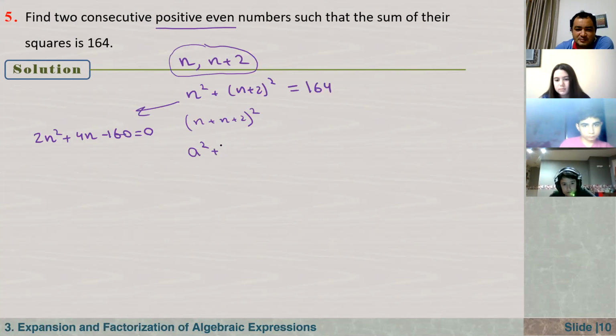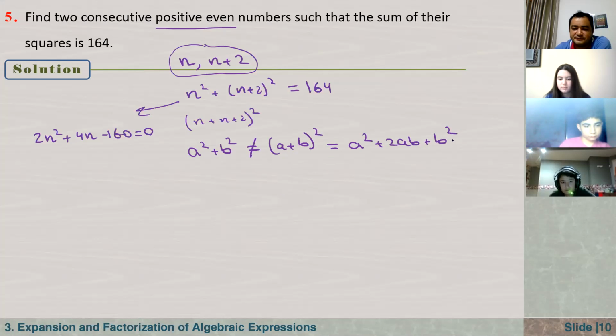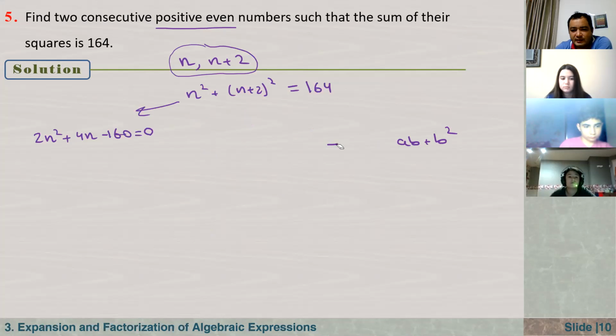A squared plus b squared is not equal to (a plus b) squared. What is (a plus b) squared? That's equal to a squared plus 2ab plus b squared. That's not correct. Anyway, I was just trying to say that, and this idea came. It's also fine. We can just solve this in this way.